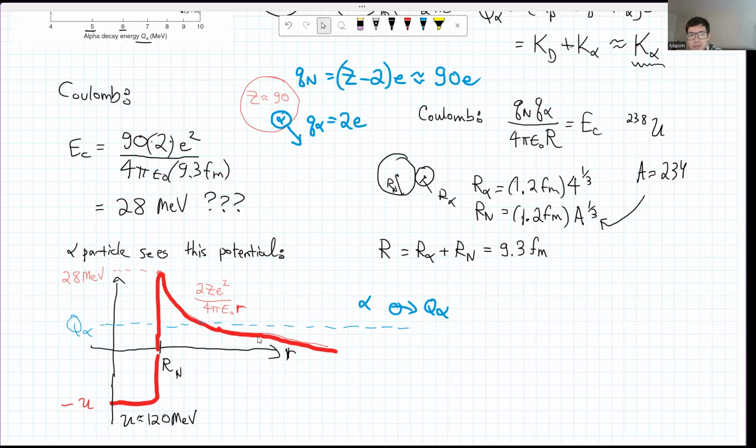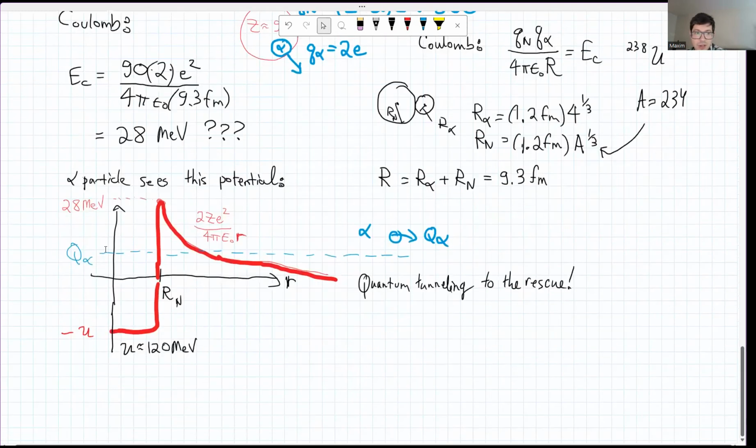But quantum mechanics comes to the rescue because there is such a thing as quantum mechanical tunneling. Particles are actually able to go over potential barriers that have more energy than the amount of kinetic energy they have. So this normally wouldn't happen, right?